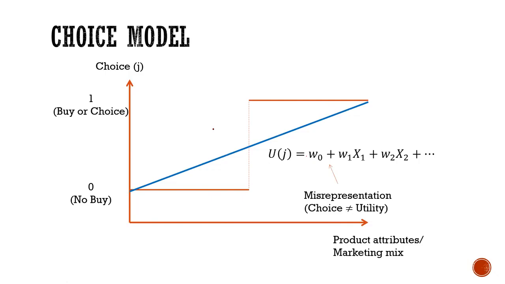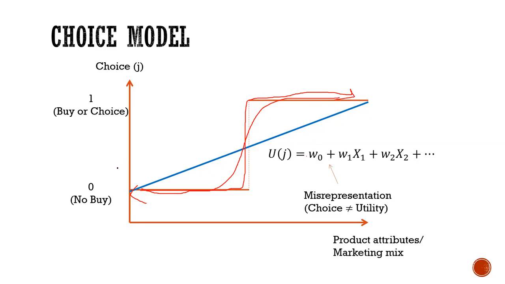Now you can see that this pattern is not linear. It's rather this type of pattern, right? The probability of choosing an item increases from 0 to 1 because your utility for the item chosen was higher. So we get a different type of curve, which is not linear.